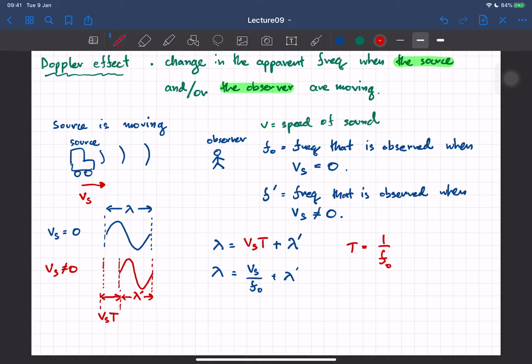Okay, so the source is always giving out the same frequency F0. So there's no change in the frequency. The observer might hear something differently, but it has nothing to do with the actual frequency that the source is giving out, right? So the period of the wave is always 1 over F0, even though the source is moving.